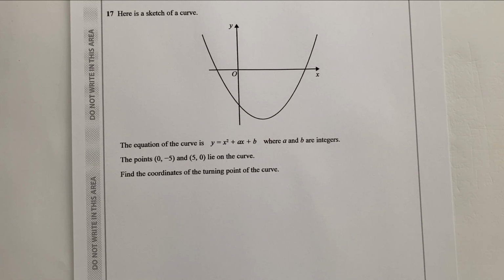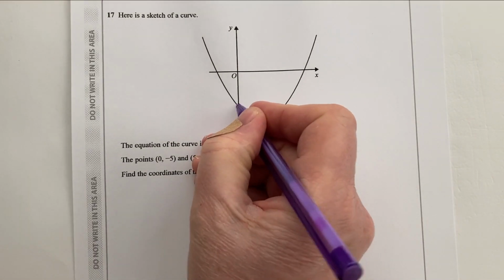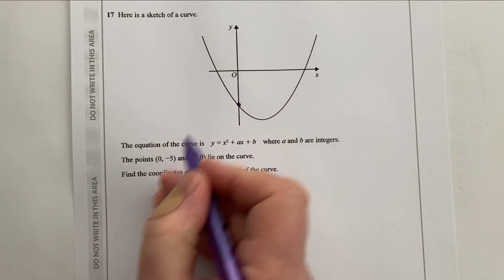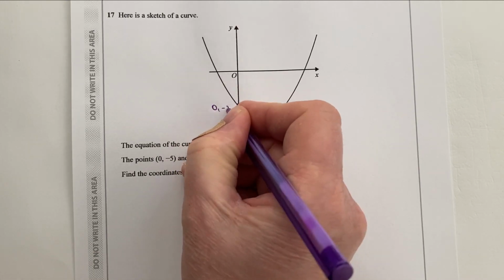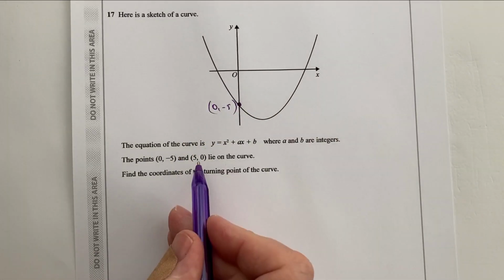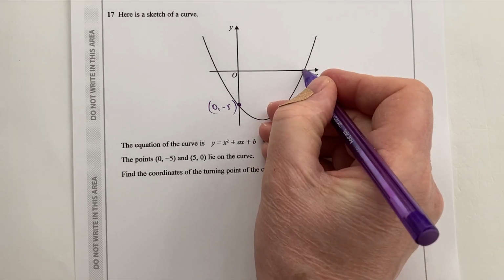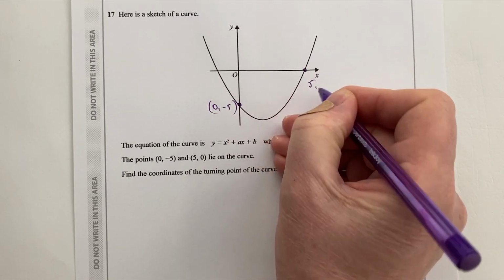Okay, so it says the equation of a curve is that, where a and b are integers or whole numbers. The points (0, -5), which is this point, and (5, 0), which is going to be here, lie on the curve.